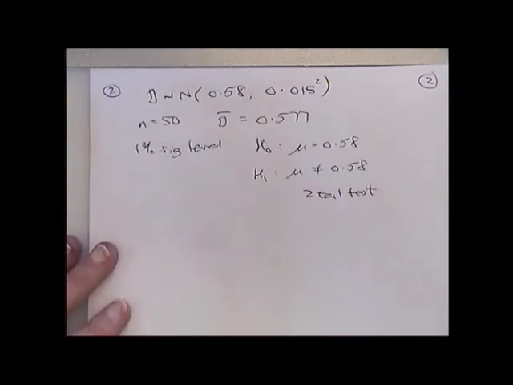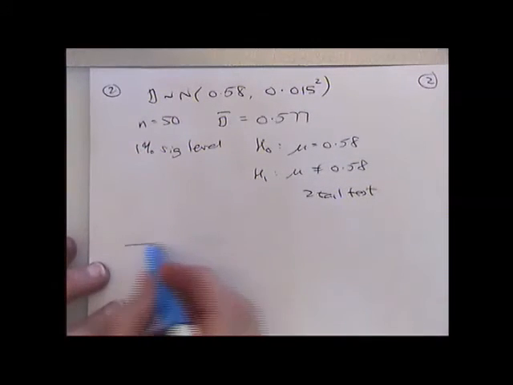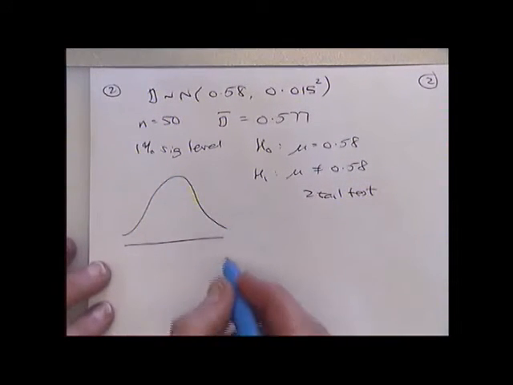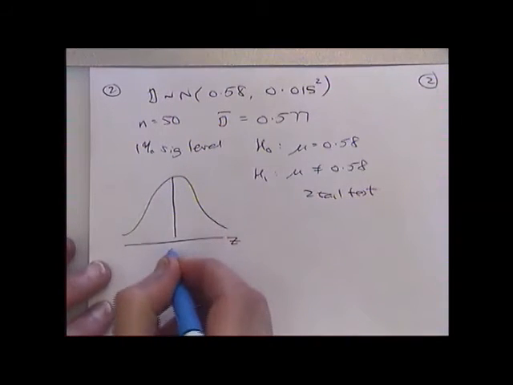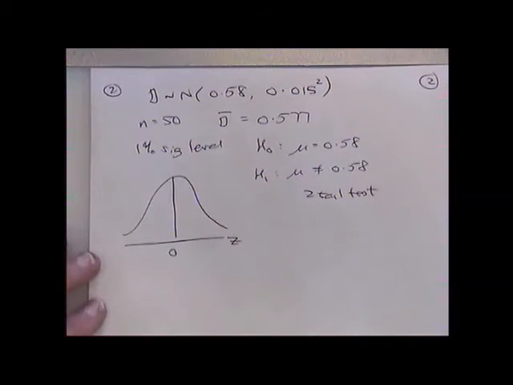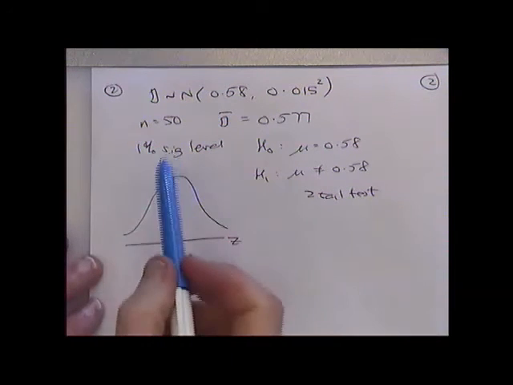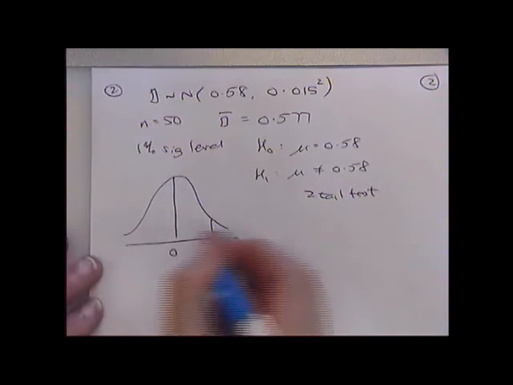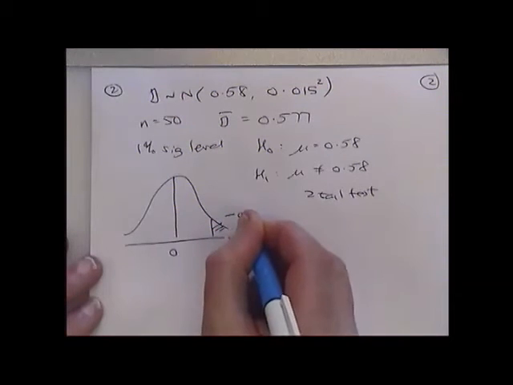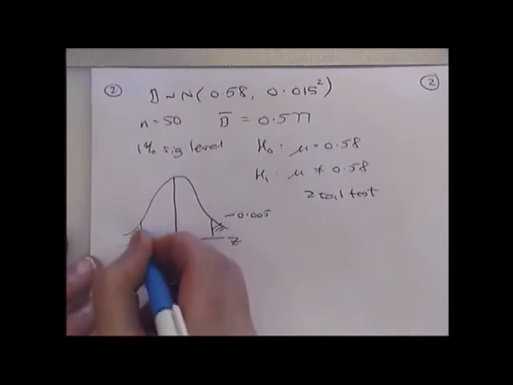And in every question you do like this, I would just sketch a little diagram. So if we're doing it this method, it'll be Z, the mean will be 0. How much area do I want in each tail? Yeah, 0.5%, because I'm splitting that between two. So each side, that is 0.5%, which is 0.005.